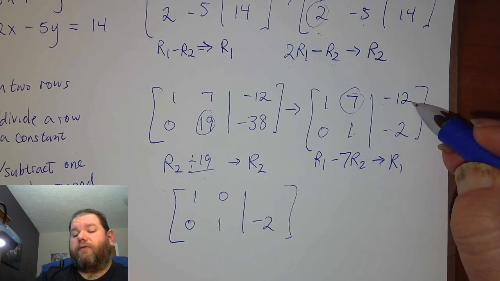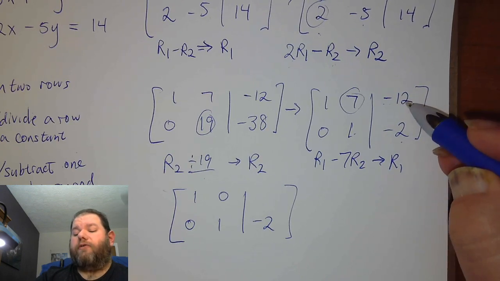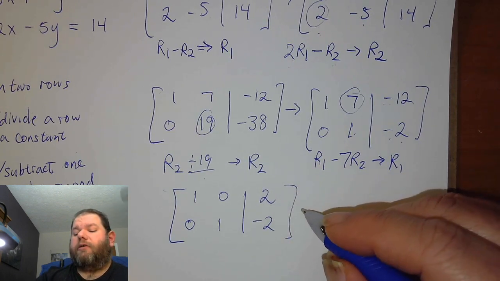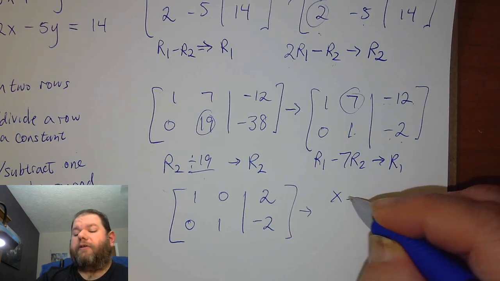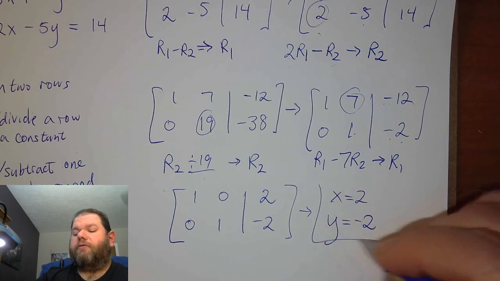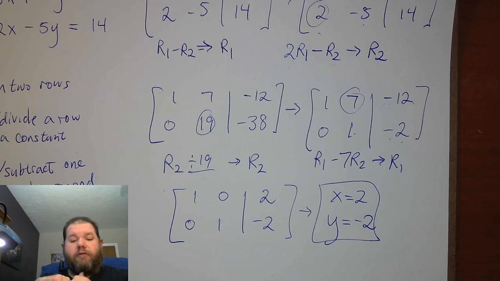And negative 12 minus 7 times negative 2, negative 12 plus 14 gives us a positive 2. And so from there we can say x equals 2 and y equals negative 2. And graphically that would represent the point of intersection of the two lines.